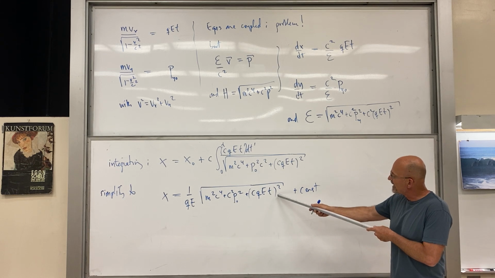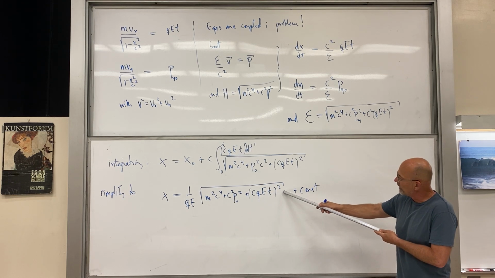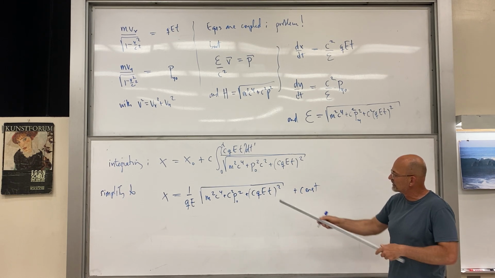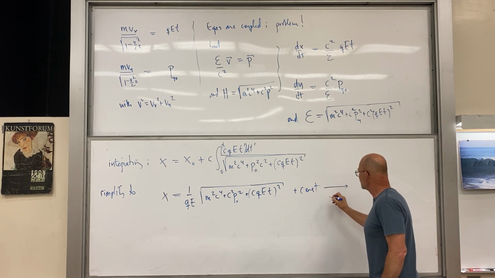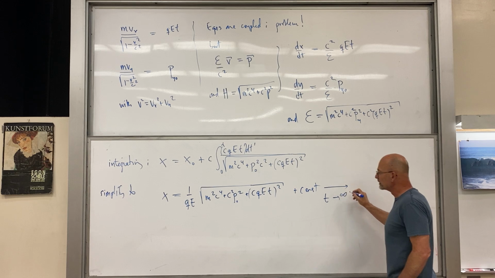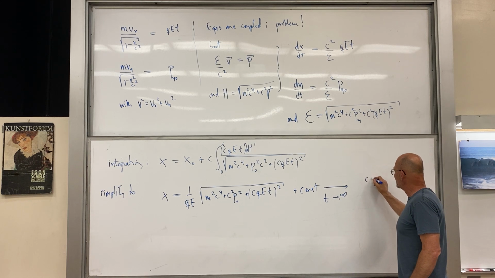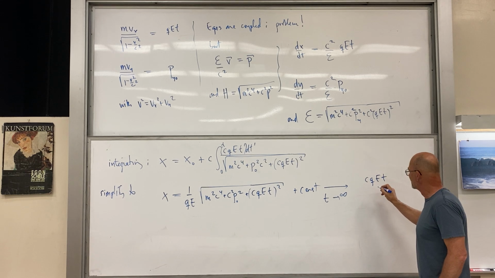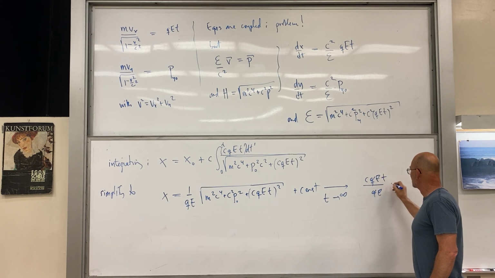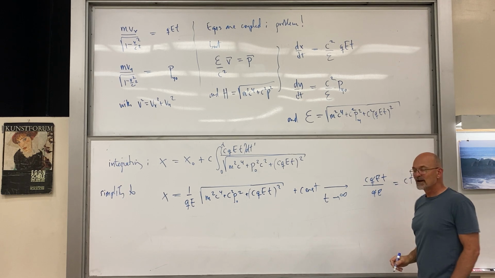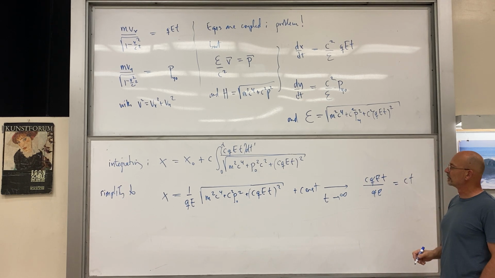The long time analysis, this thing runs away, right? This part diverges here. So what this goes to for t goes to infinity is cqEt over qE, that is c times t, just as we had before.